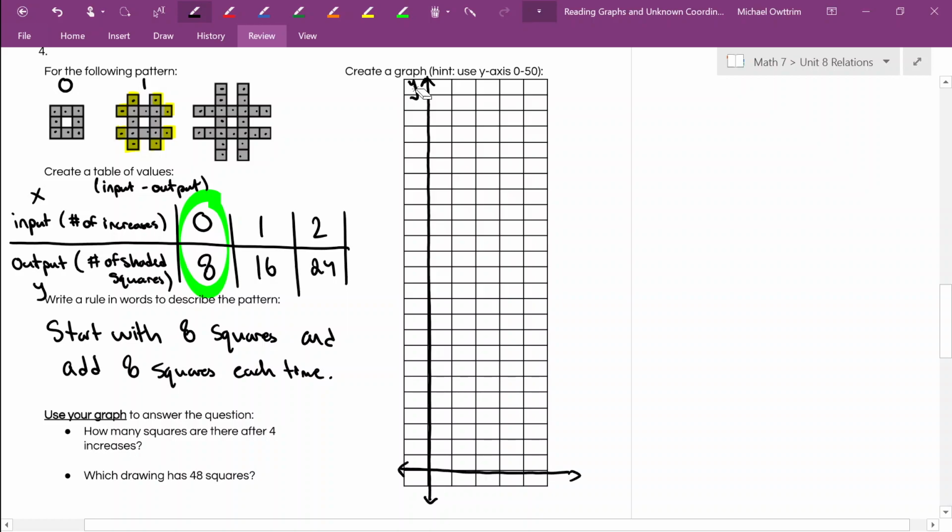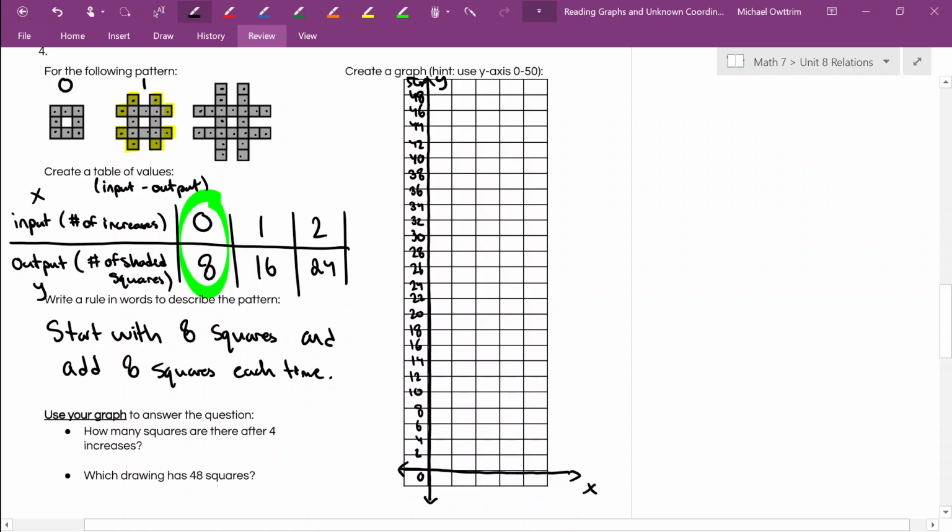And if I put 50 up at the top per the hint, then I'm going to count by 2's down. 48, 46, 44, 42, 40, 38, 36, 34, 32, 30, 28, 26, 24, 22, 20, 18, 16, 14, 12, 10, 8, 6, 4, 2, look at that, 0.